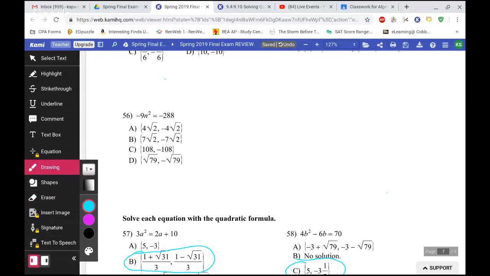Okay, so number 56. We've got negative 9n squared equals negative 288. So we're going to divide both sides by negative 9, because you have to simplify for just using square roots, which is in the instructions here.